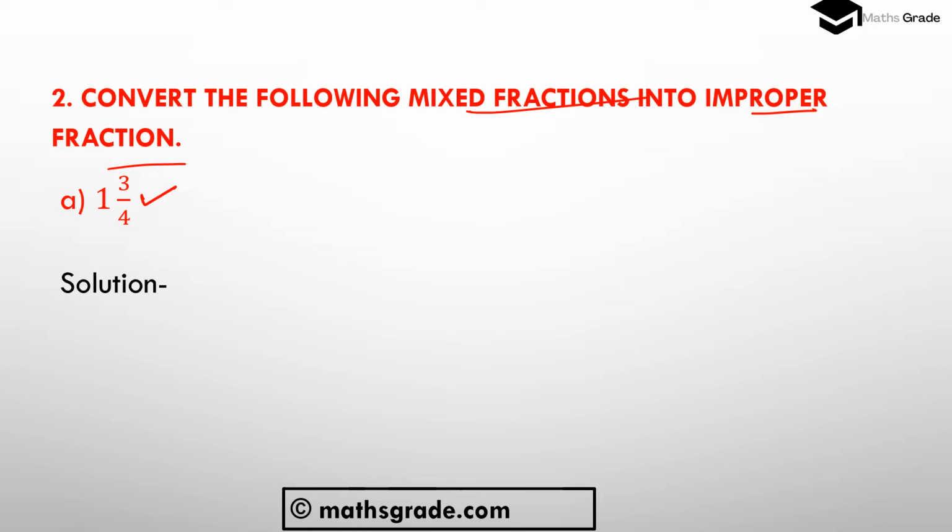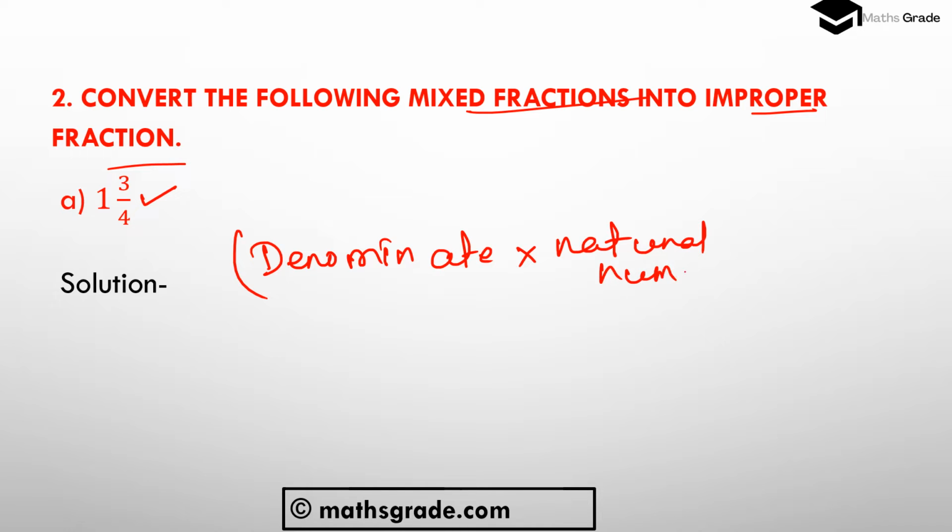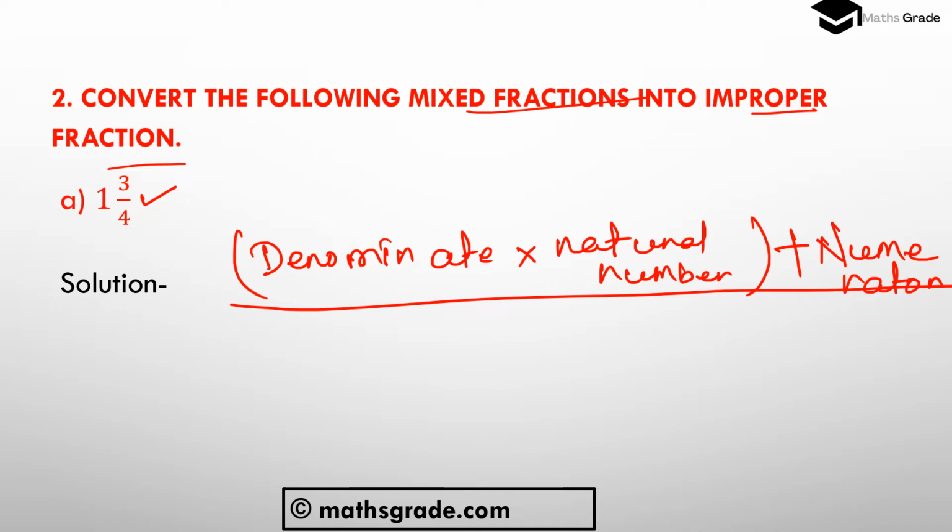So when we convert a mixed fraction into an improper fraction, multiply the denominator with the natural number, plus the numerator, divided by the denominator.